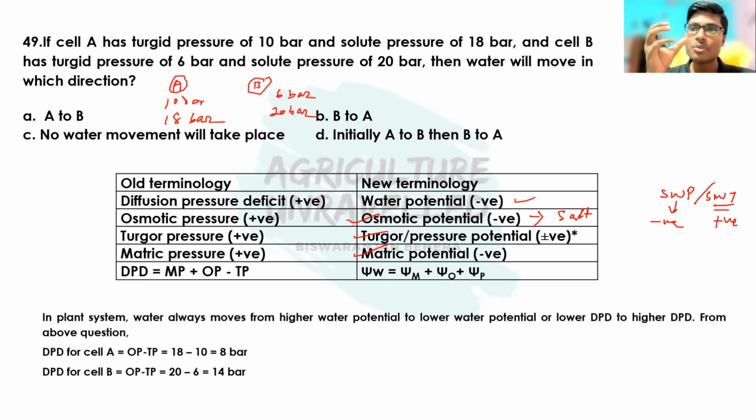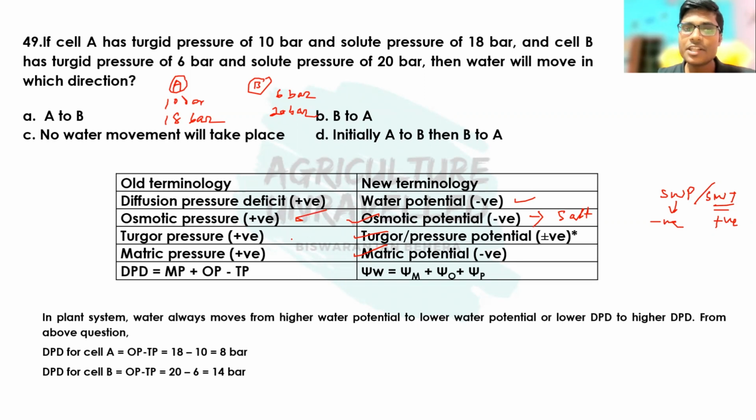These salts or solutes hold or bind the water and do not let the water go outside. That is the reason it reduces the potential energy of water, and the osmotic potential is always negative. The force with which salts hold the water is known as osmotic force or osmotic pressure, and the value of osmotic pressure is always positive.